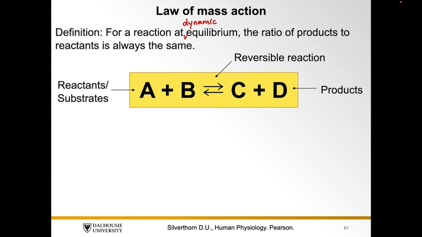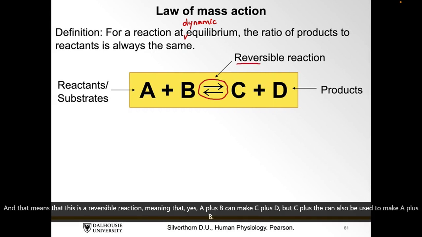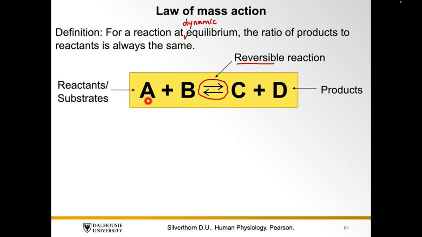Here we're looking at this hypothetical chemical reaction where A plus B makes C plus D. But you'll notice here that the arrows are in both directions. And that means that this is a reversible reaction, meaning that yes, A plus B can make C plus D, but C plus D can also be used to make A plus B.